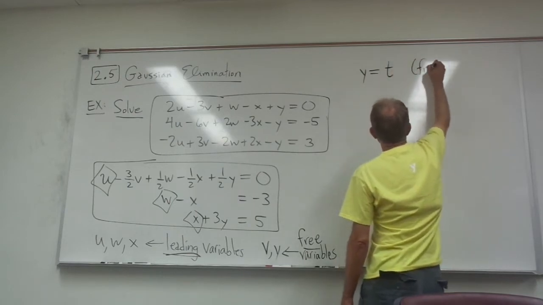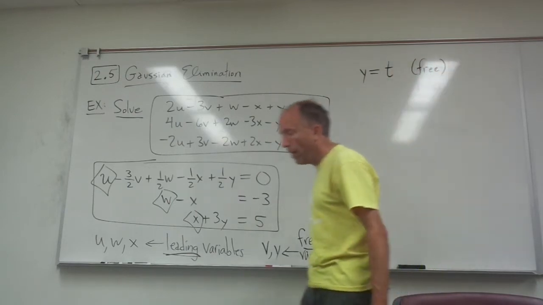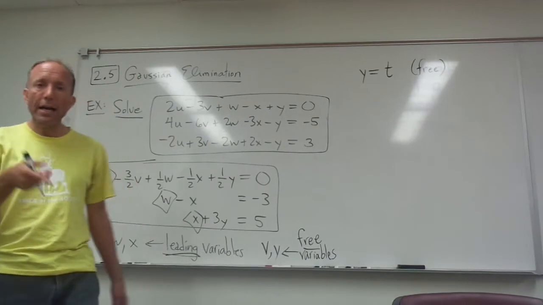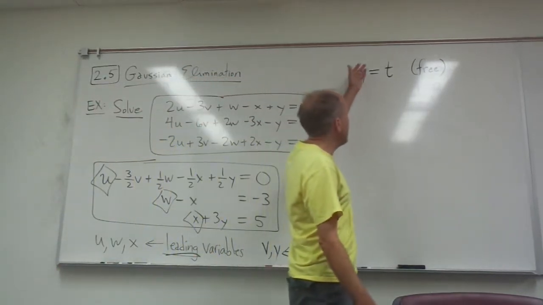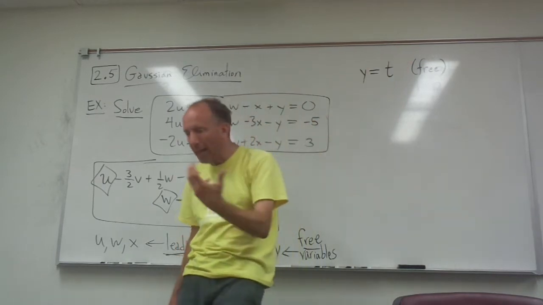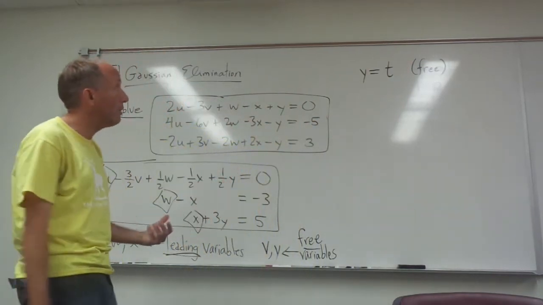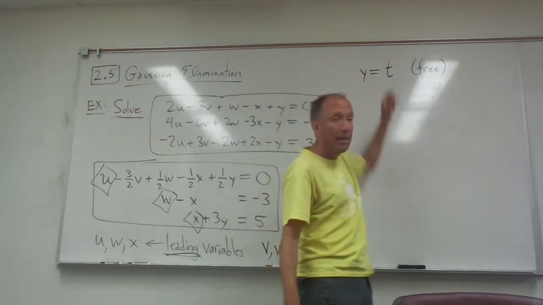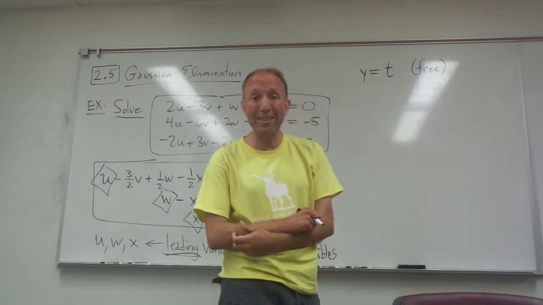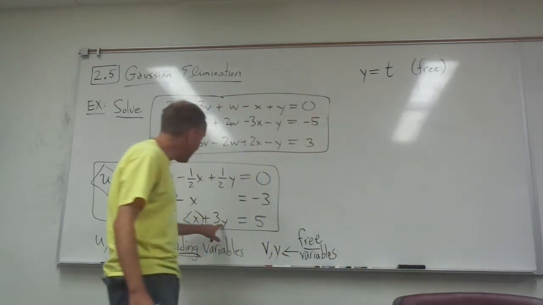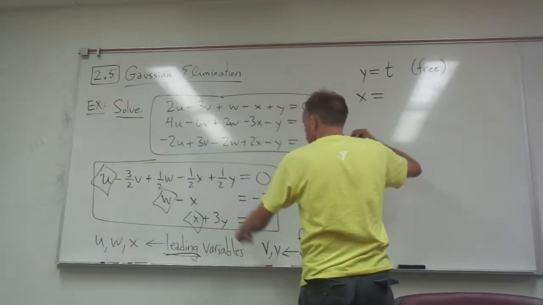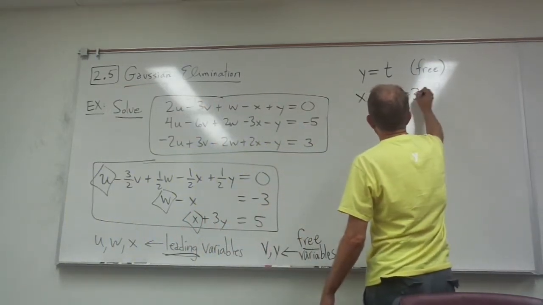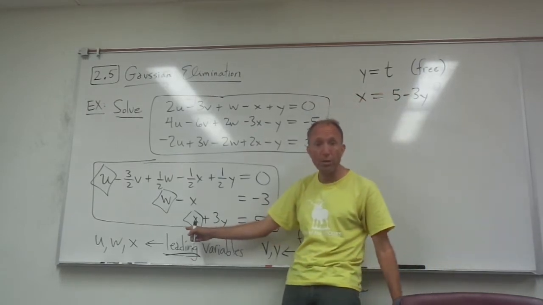I like to change my letters. I usually like to use r, s, and t for free variables. It just reminds me that that's what I'm doing, right? I'm assigning a free value to y. What it's saying is that y can be any number that we want. Now, x cannot be any number that we want. x has to be 5 minus 3y in order for this last equation to be true.